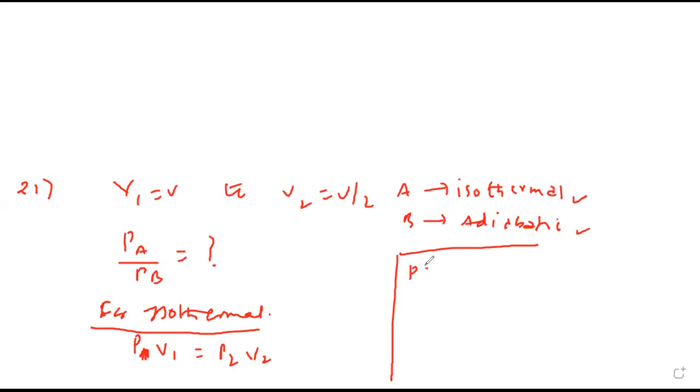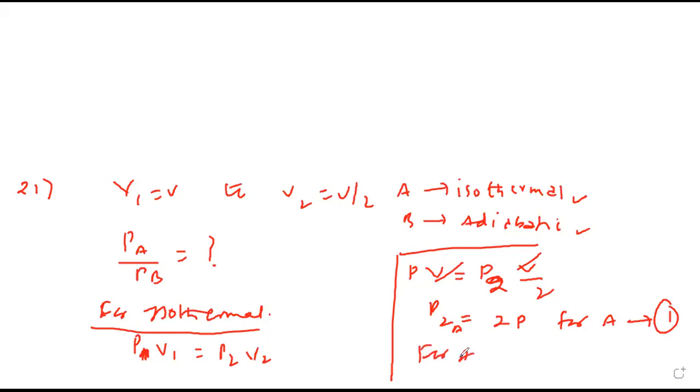So P1 is P, volume is V. P2 I don't know. V2 is V by 2. That means P2 is 2 times P for A. First equation, P2 for A we got.